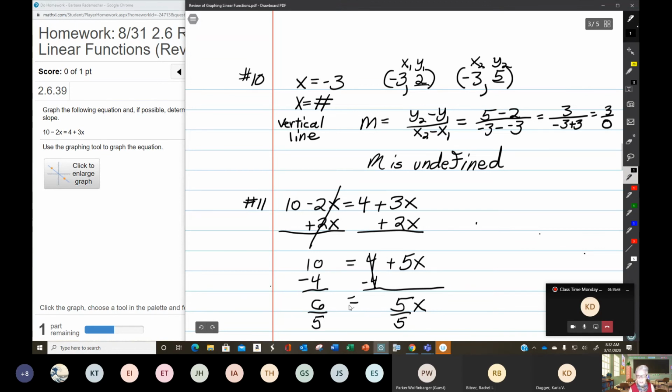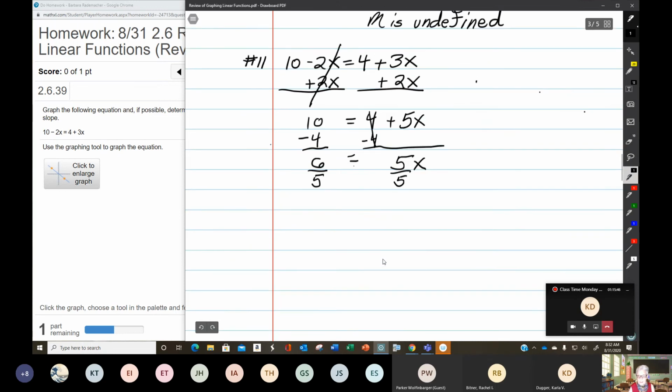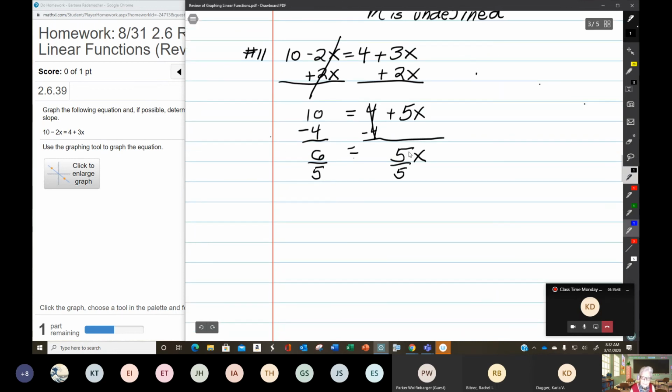Somebody loves the number 6/5. Okay. So we're going to have x equals 6/5, or turned around the other way, 6/5 equals x.